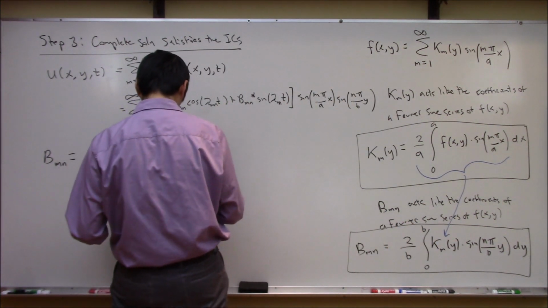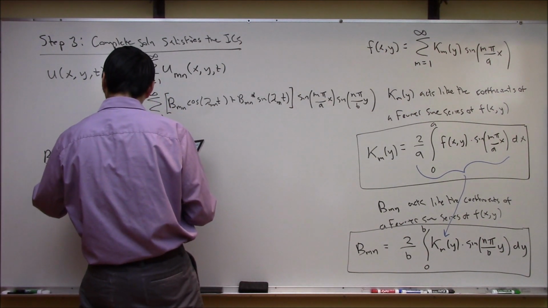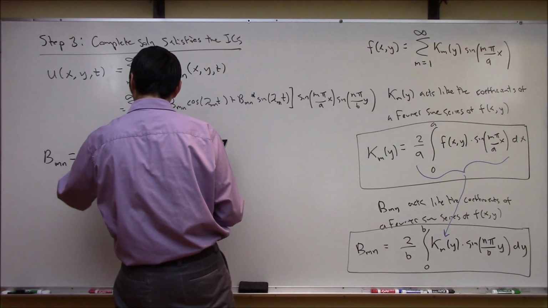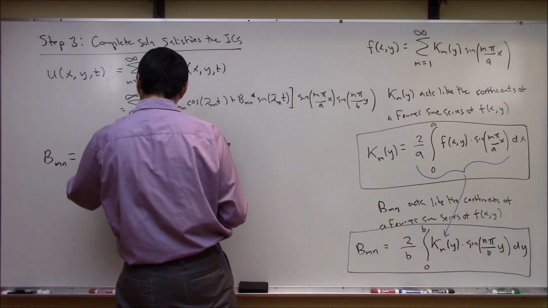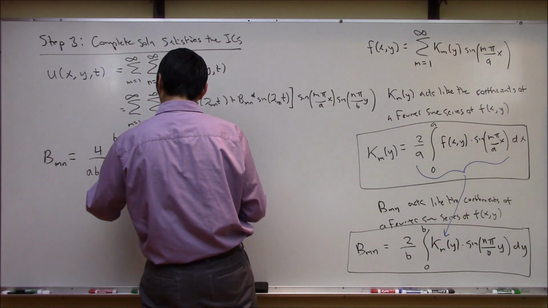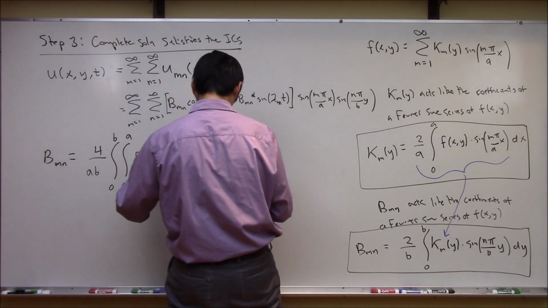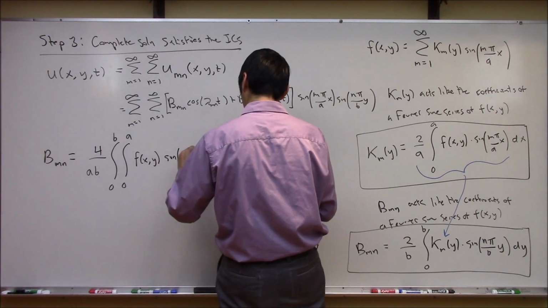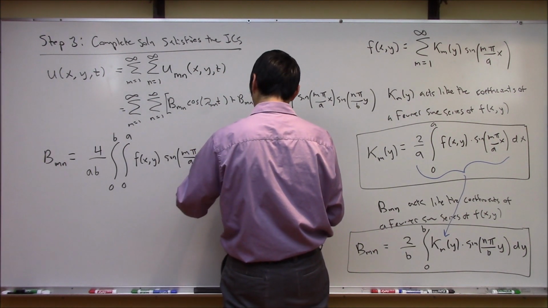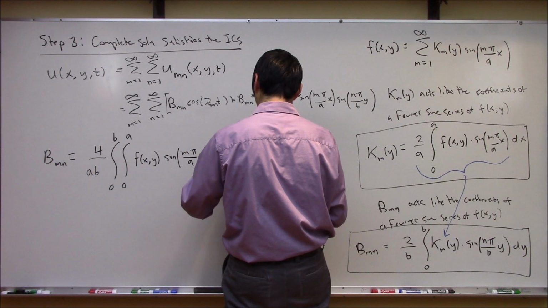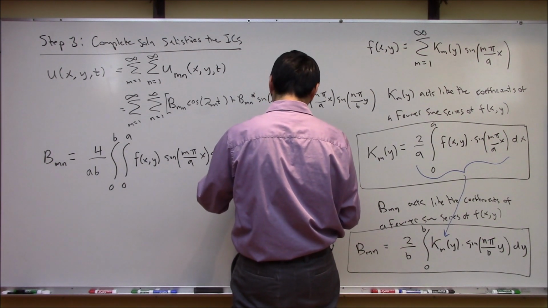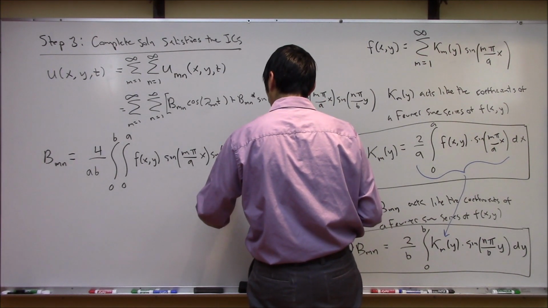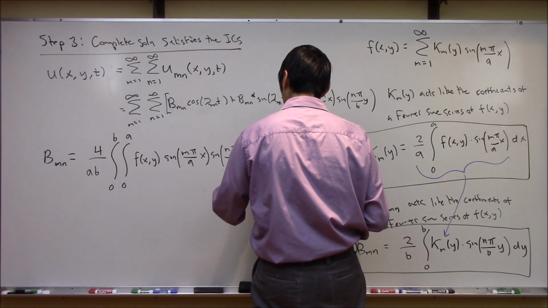So you can write this whole thing to look like 4 over ab, integral from 0 to b, and the integral from 0 to a of f of x, y, sine of m pi over a x times sine of n pi over b y dx dy, with, again, m and n being integer values here.